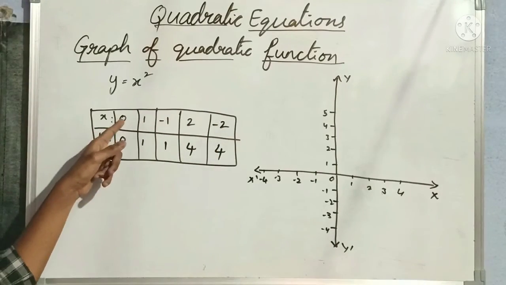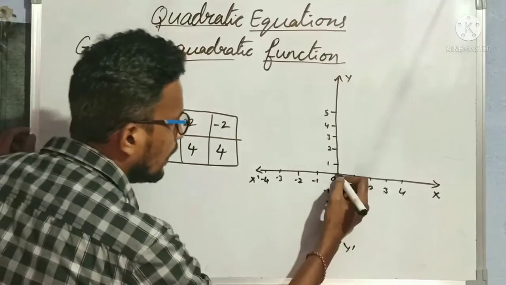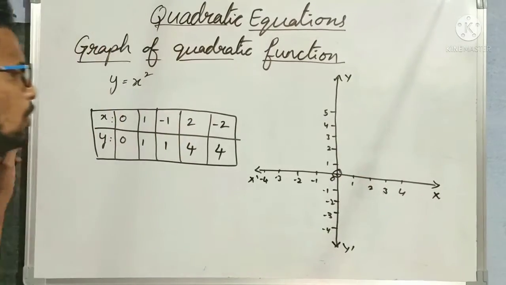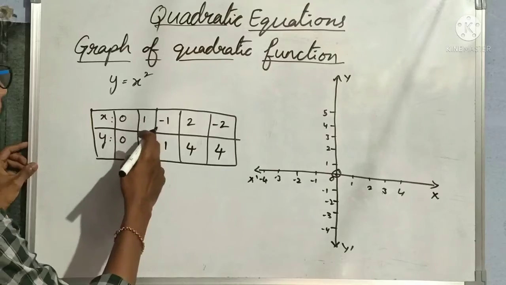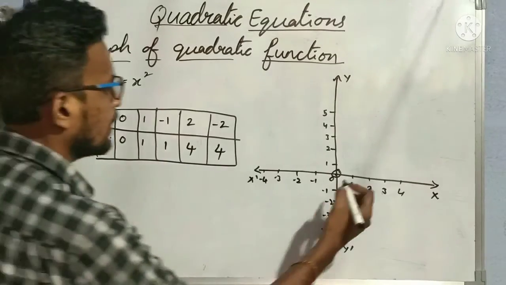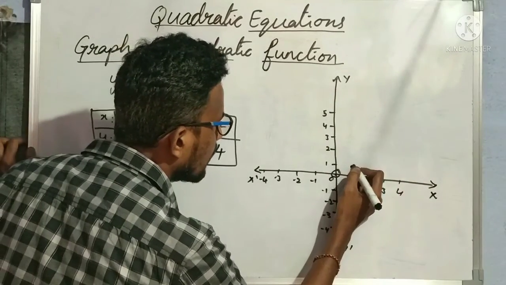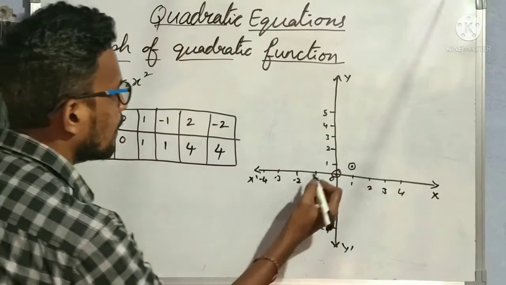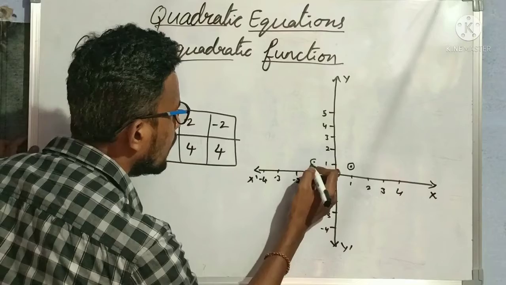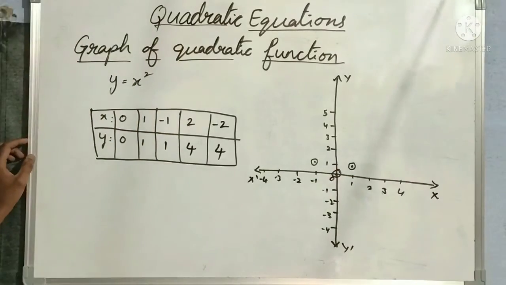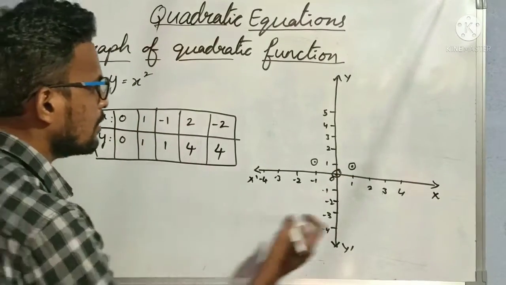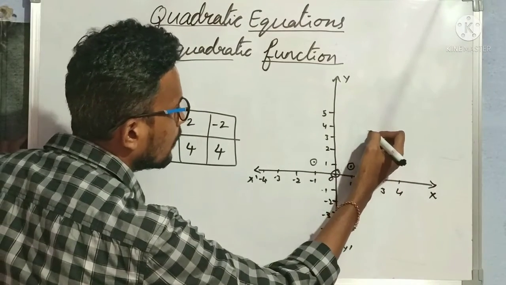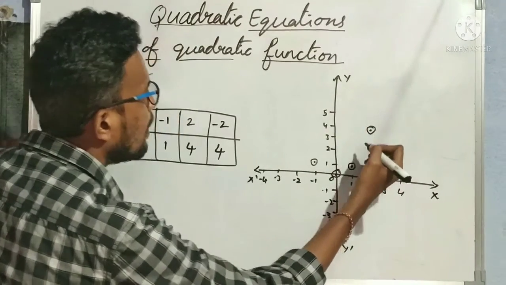Okay, now let us plot the graph of y is equal to x square. When x value is 0, y value is 0, so the point of intersection of x axis and y axis is 0 0. Next, when x value is 1, y value is also 1. So 1 1 means here we'll get one more point. When x value is minus 1, y value is 1, so here also minus 1 1. This is our point. Next, when x value is 2, y value is 4. So x value is 2, on the y axis we are getting 4. So this is our point 2 comma 4.